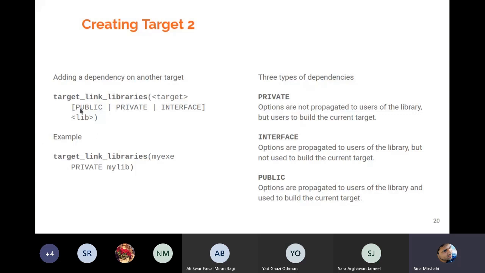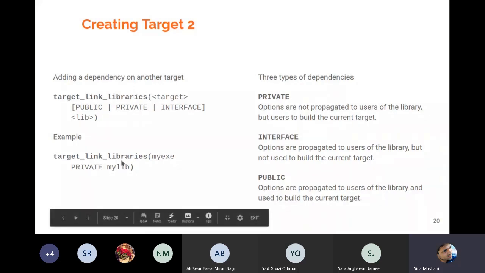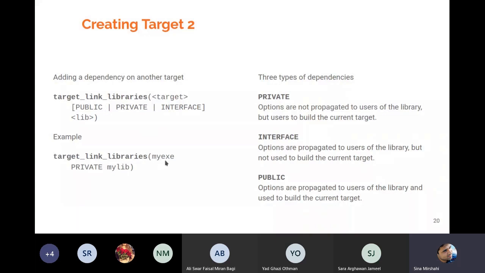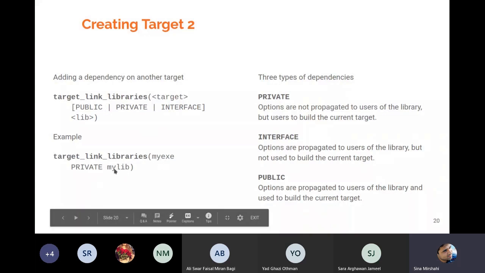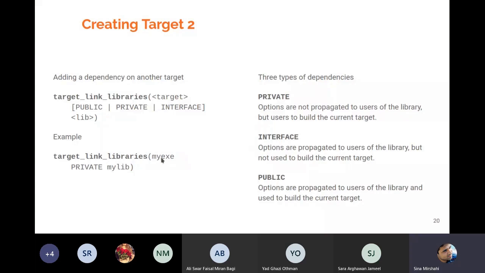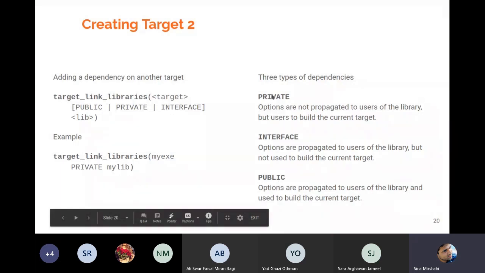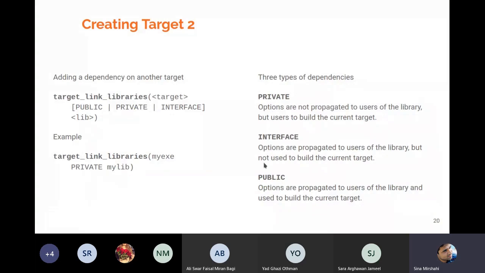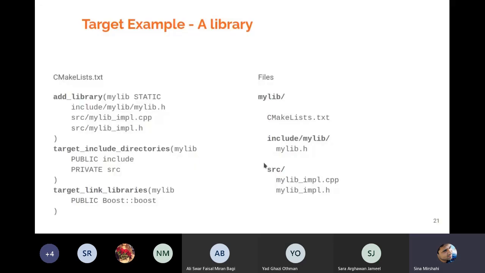So you will use link libraries, meaning linking libraries to your executable file. For example, you have a file which is my.exe, and it needs this library which I already created. So it will link this library to my.exe, okay? And so on. It can be private, public, like in programming, where a class can be private and public. I won't go into these details, but I will show you an example.